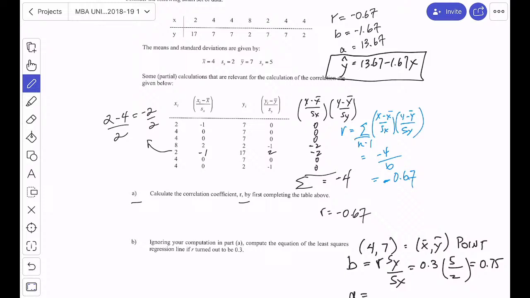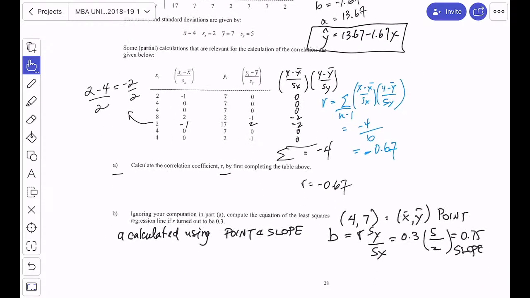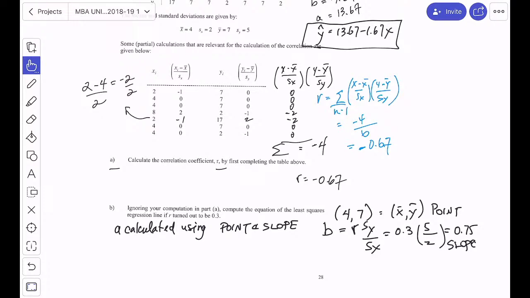So with a b of 0.75, then you can solve for a. I'm going to do this the longer way because I feel more comfortable. So we write y equals a plus bx.